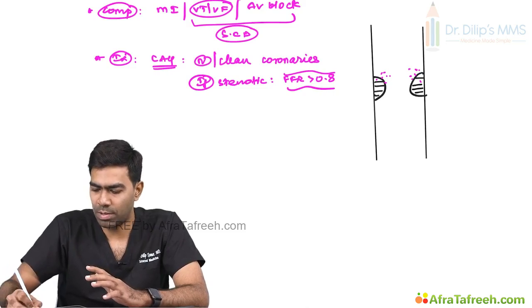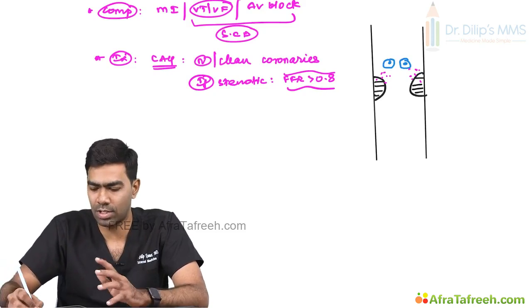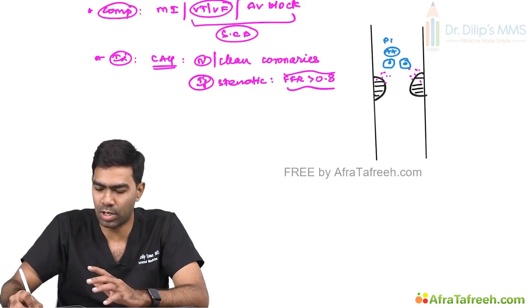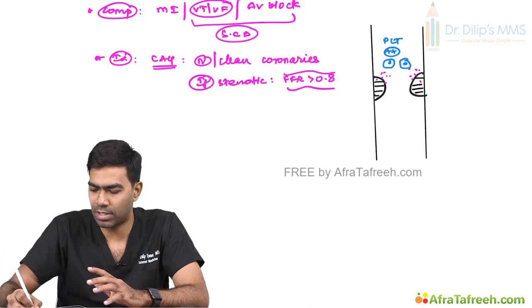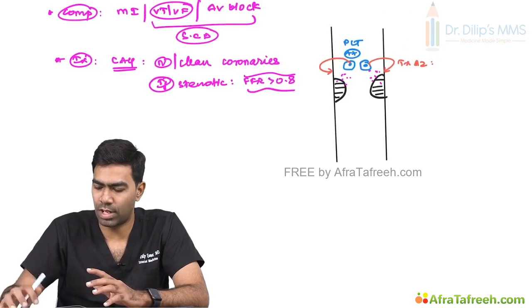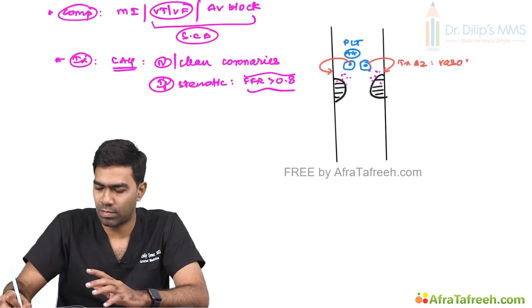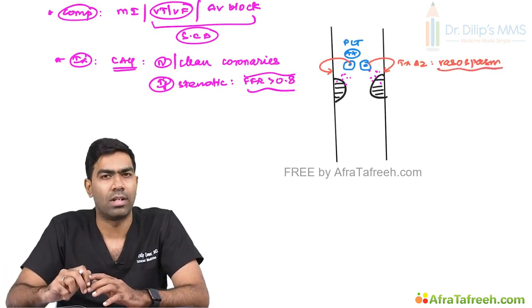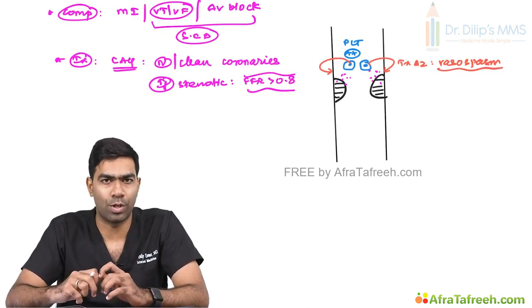So because of that, there might be local platelet activation. Because once the plaque contents are released, they might activate the platelets locally. And these activated platelets will produce thromboxane A2. And because of that, there can be a local vasospasm. This is a very interesting theory, but even though it is discarded, it is quite interesting. That's why I told you.